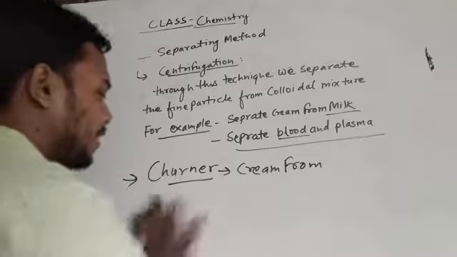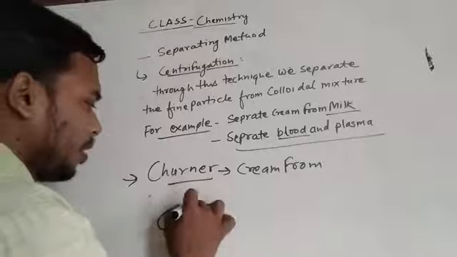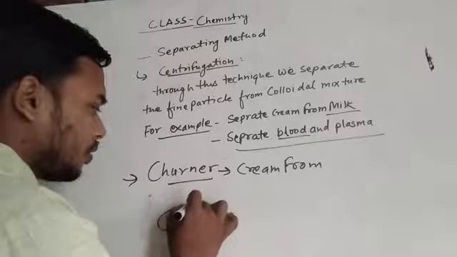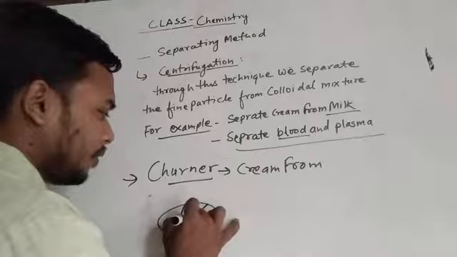A centrifugation machine looks like this: suppose it is round, with test tubes like that.